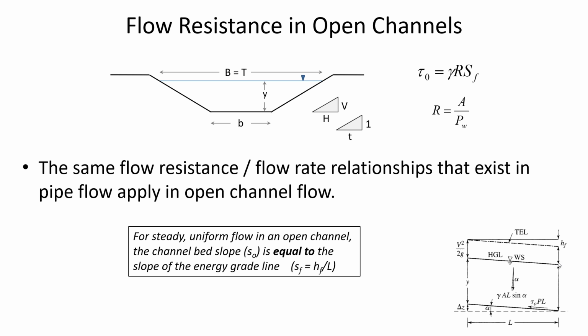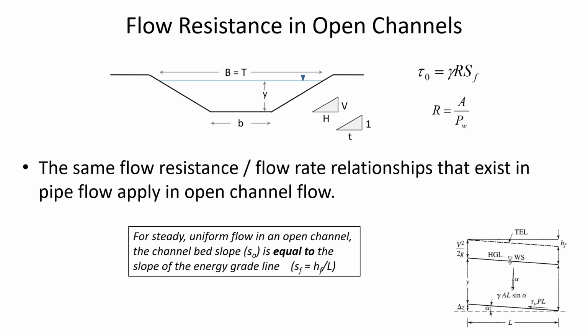Some texts refer to it as the total energy line, TEL. The water surface plus the velocity head takes us up to the energy grade line. And you may remember that we've already seen the variable S sub F. That's the slope of the energy grade line, or the total energy line.